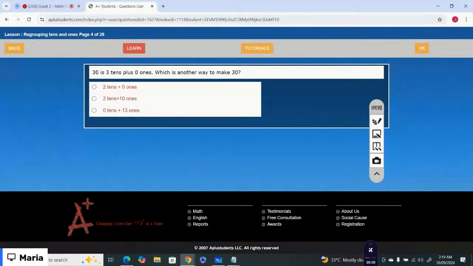That is 2 tens and 10 ones. Option number two is the correct option, 2 tens and 10 ones.